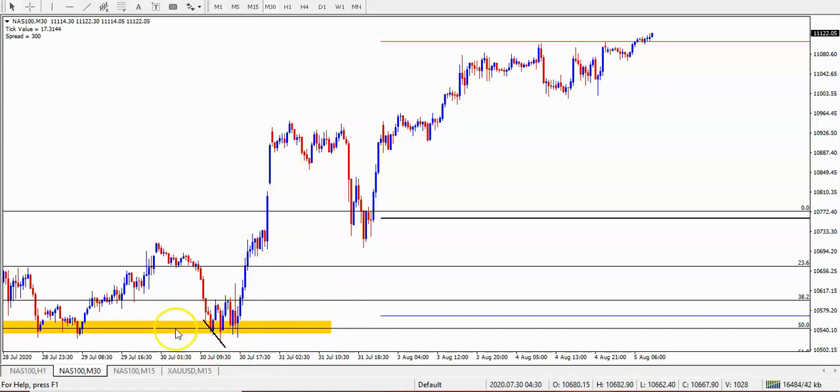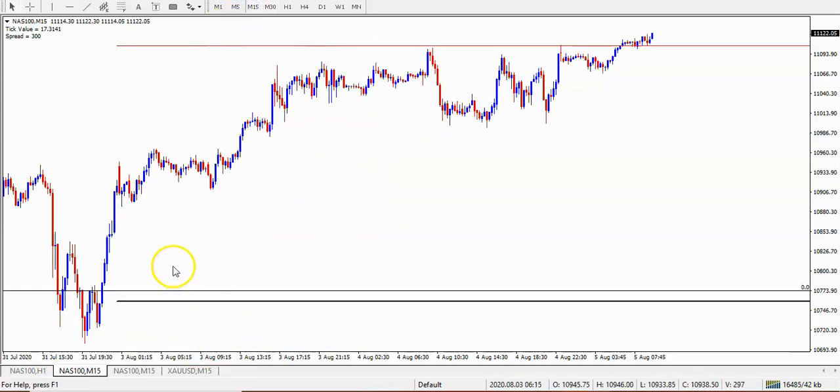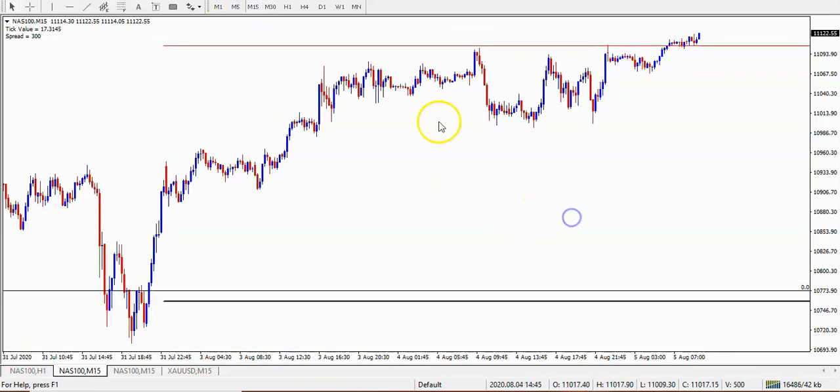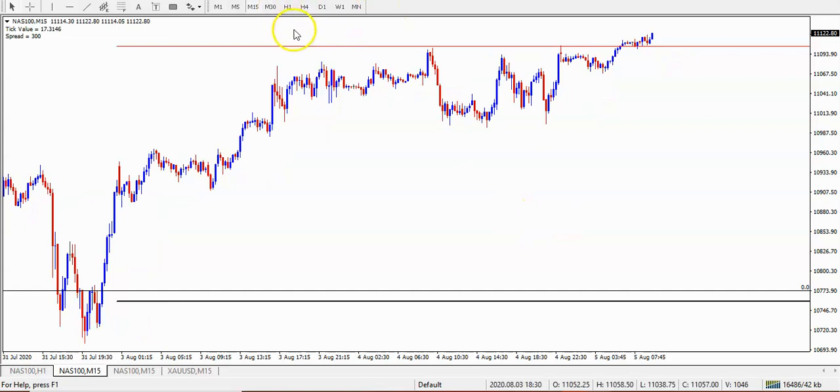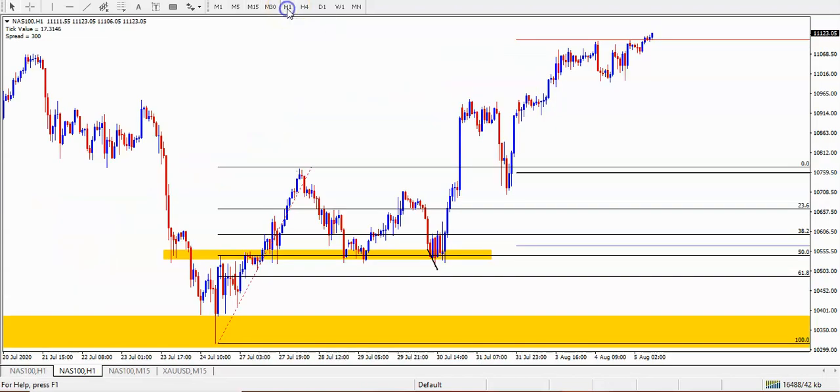So this is what we learn about prices, that before they start moving up, there's that 1, 2, 3 pattern that happens. Even when it's moving down, there's always that 1, 2, 3 pattern.